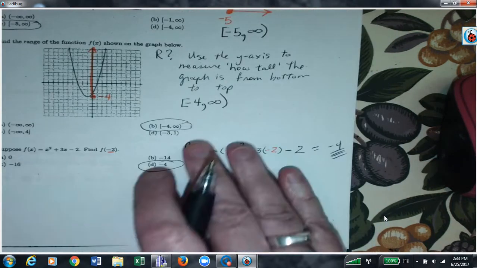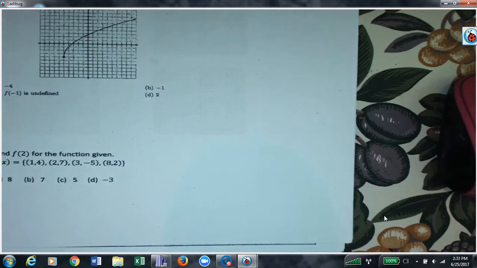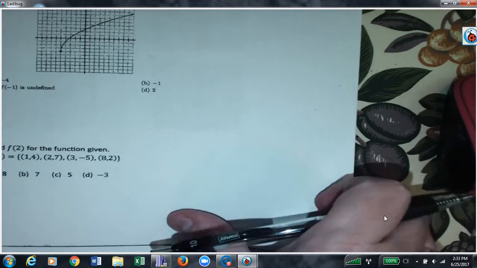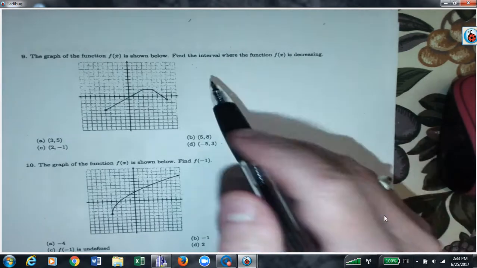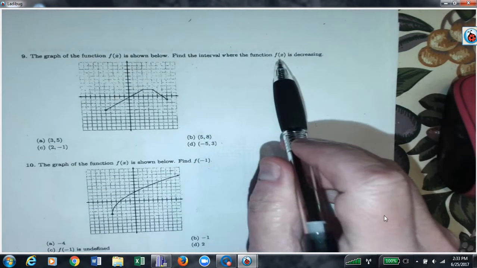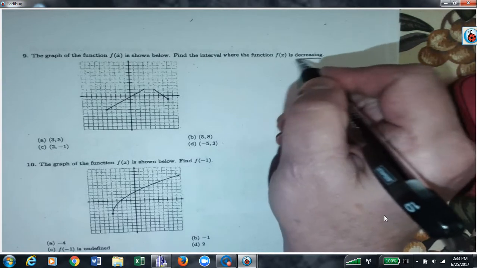Okay. So moving along to the next problem. So we're up to number 9. The graph of the function f of x is shown. And find the interval where the function f is decreasing. Now, it's decreasing.